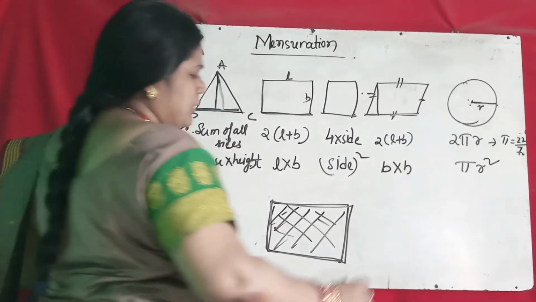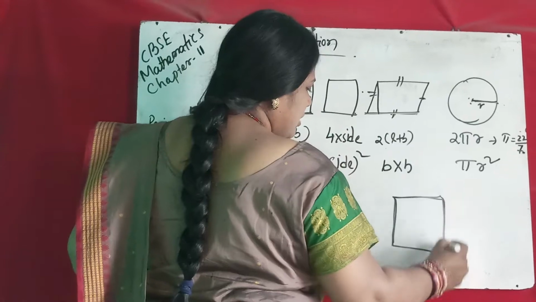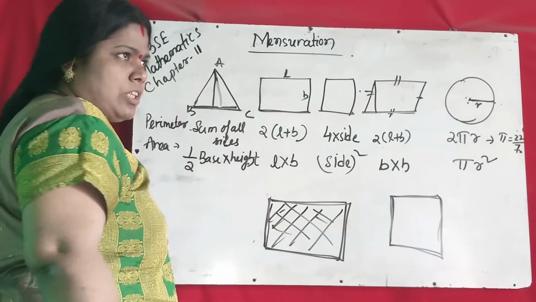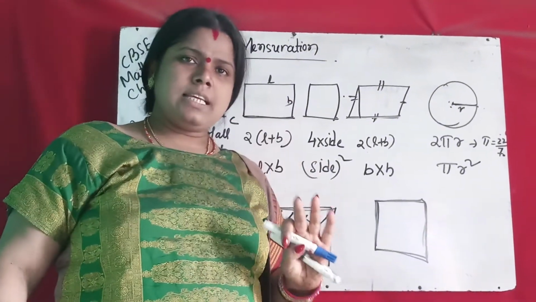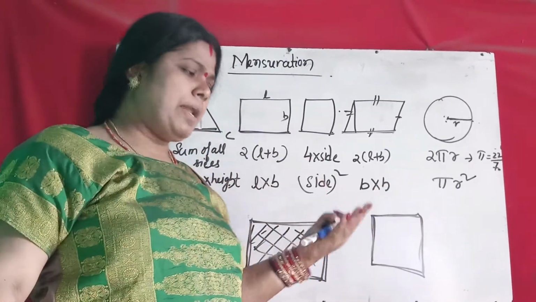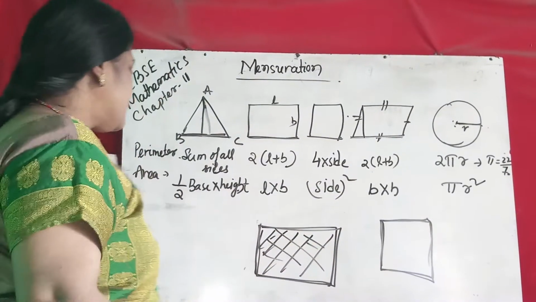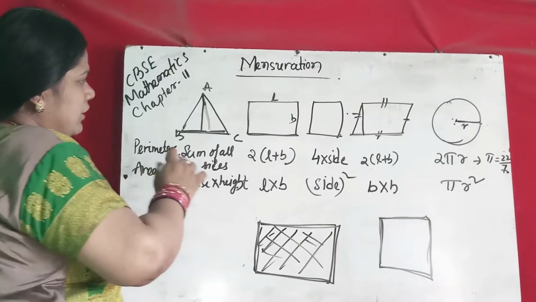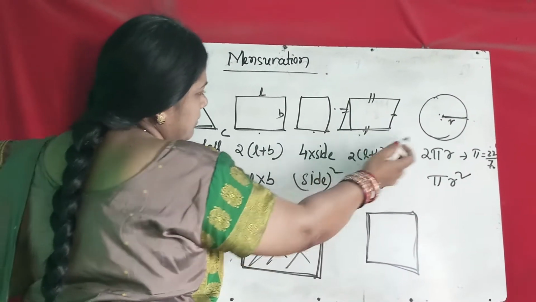If it is a photo frame, wood needed to frame is related to perimeter. So before solving, we have to read the question thoroughly, understand it, and decide which formula to apply to find the area or perimeter. You must remember these formulas: perimeter of triangle, rectangle, square, parallelogram, circle.